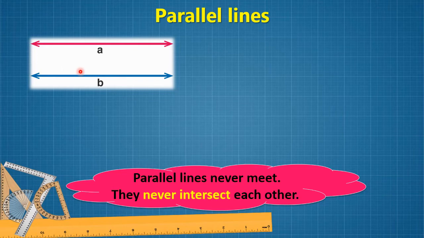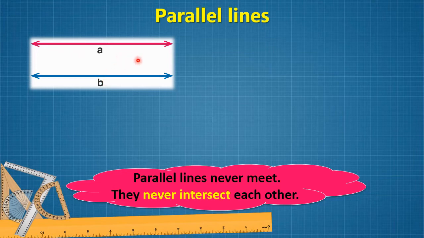Parallel lines do not intersect, that is, they do not cut each other, no matter how far they are extended on either side. The two lines are said to be parallel if they never intersect each other, and these lines are always at a specific distance, that is, the distance between these lines are always constant throughout.